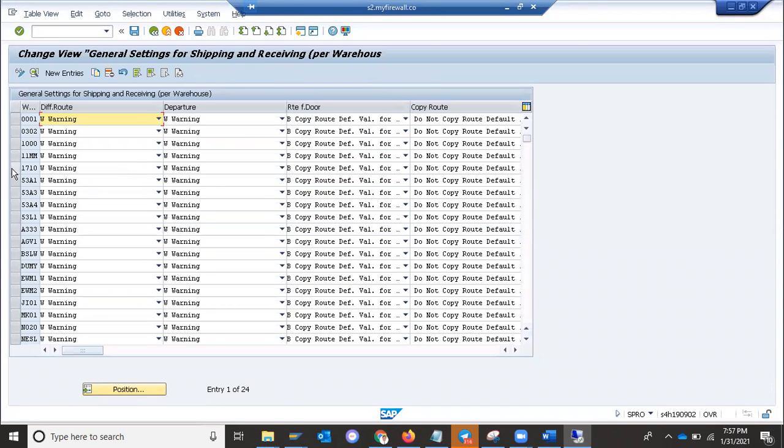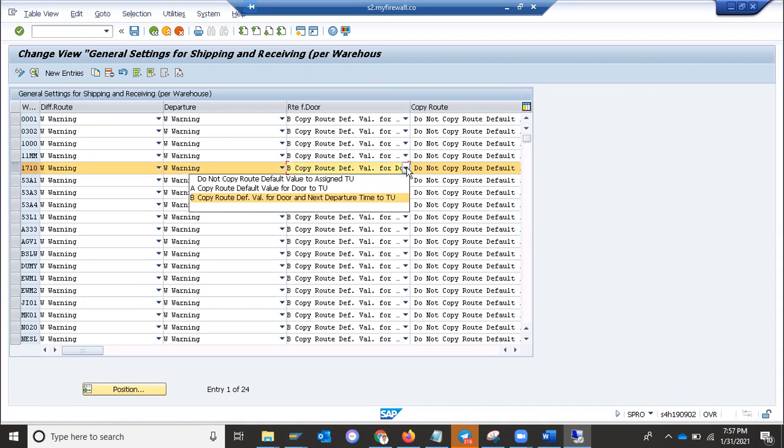So our best practice warehouse 1710 has got some differential route, okay, departure, copy route, default value, okay, for door and next departure for TU.